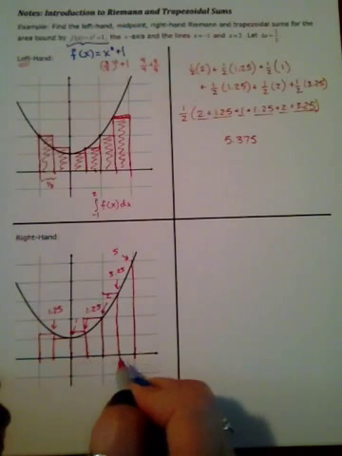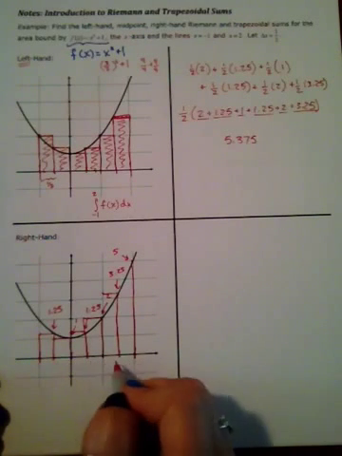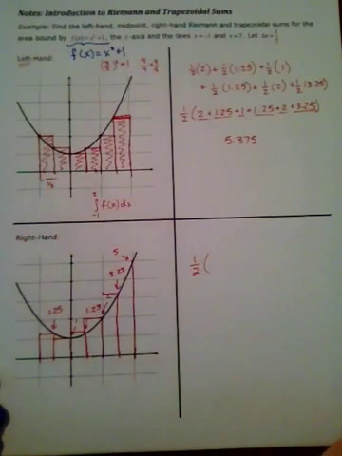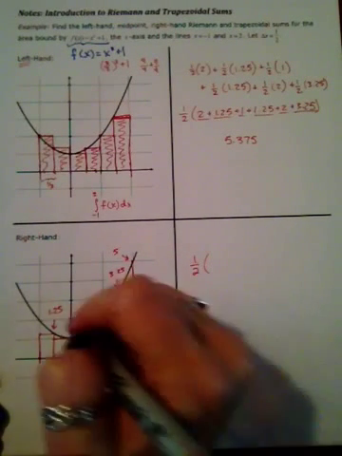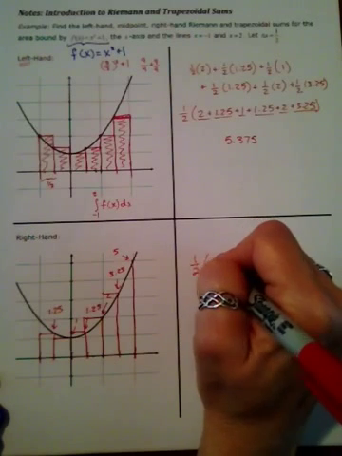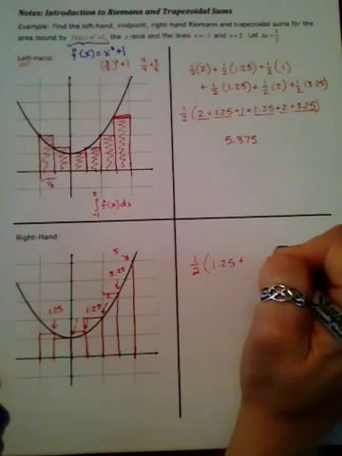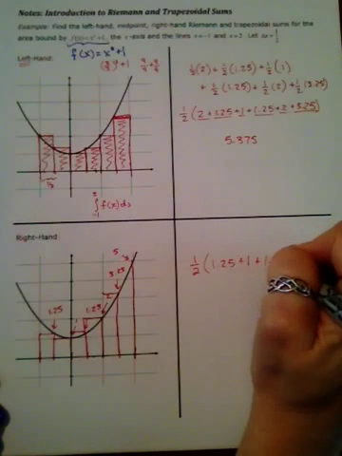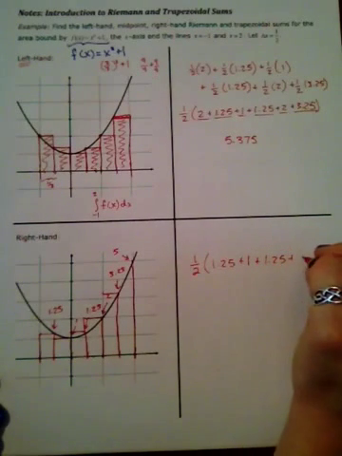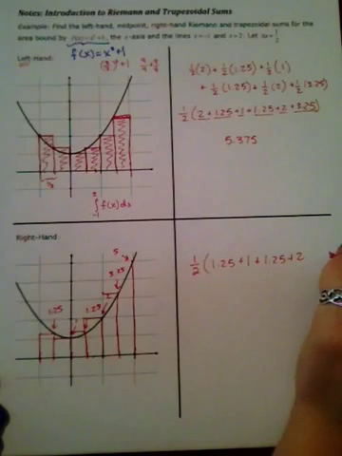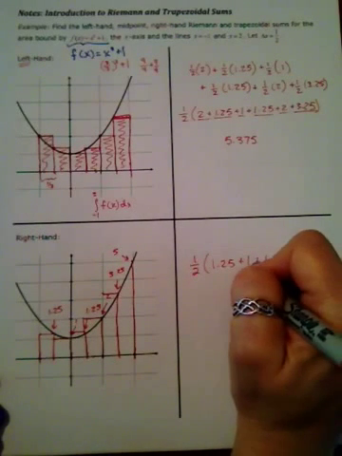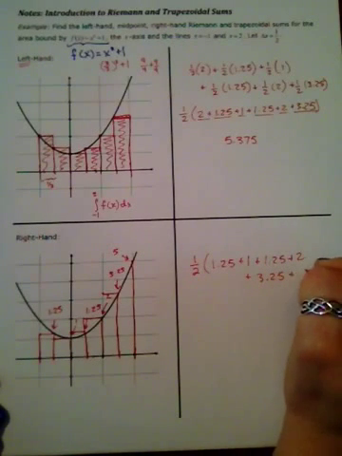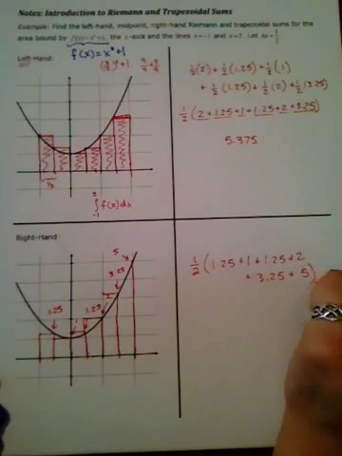The base of each rectangle is 1/2, so I can factor that out, or just think of it as a big distribution problem. It's 1/2 times 1.25 plus 1/2 times 1 plus 1/2 times 1.25 plus 1/2 times 2 plus 1/2 times 3.25 plus 1/2 times 5.